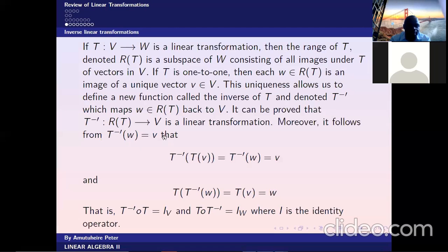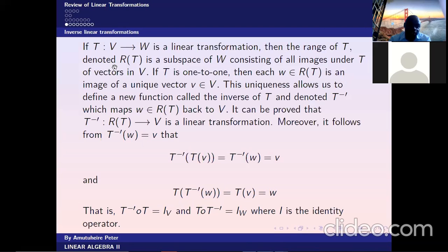Moreover, when we get T inverse of T of v, this is the same as T inverse of w, because T of v is an image of some v, and if we let that be w, then this is T inverse of w, and T inverse of w should take us back to v.